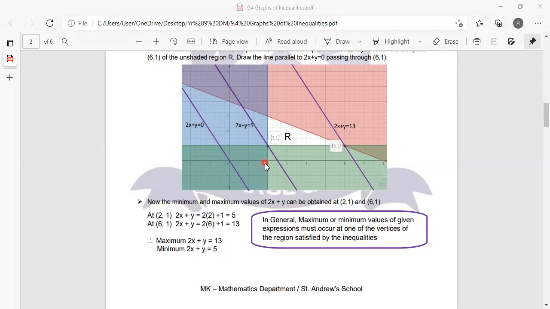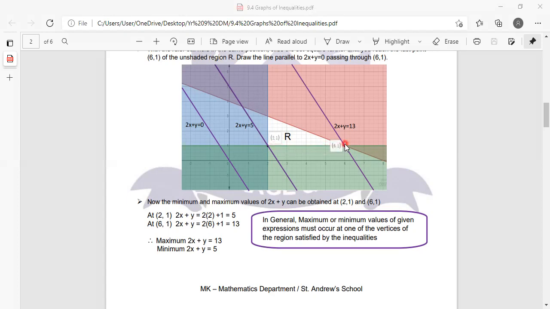So you're looking for maximum and minimum values, and you can generalize that you will find these only at the vertices of the unshaded region. This is the unshaded region. It forms a triangle, so I can find the extreme points. You see there are 3 vertices here. This is your first extreme, this is your last extreme.